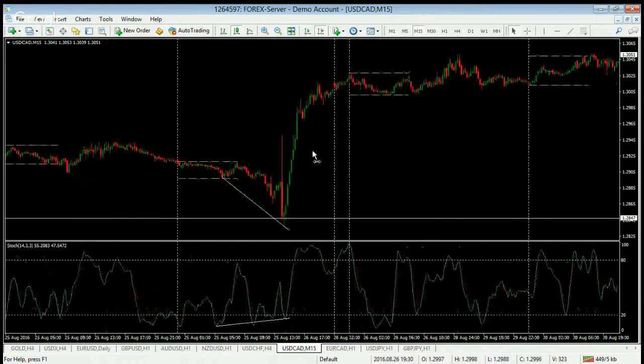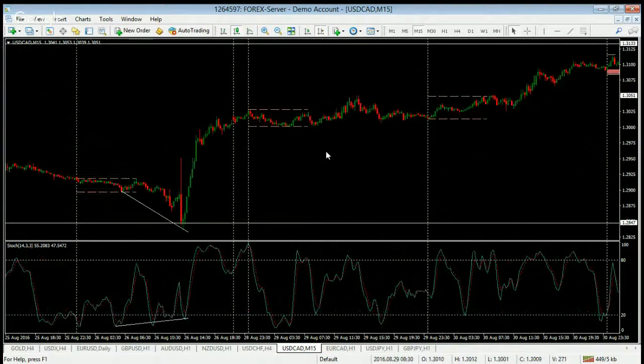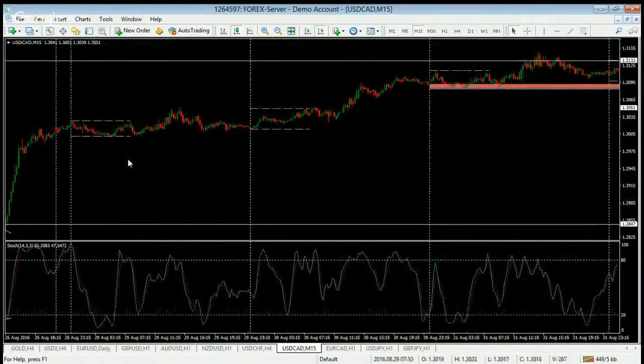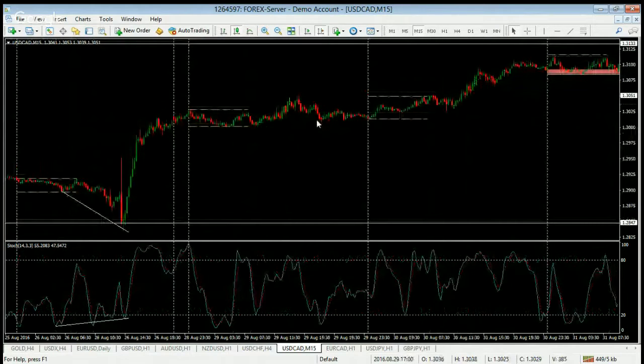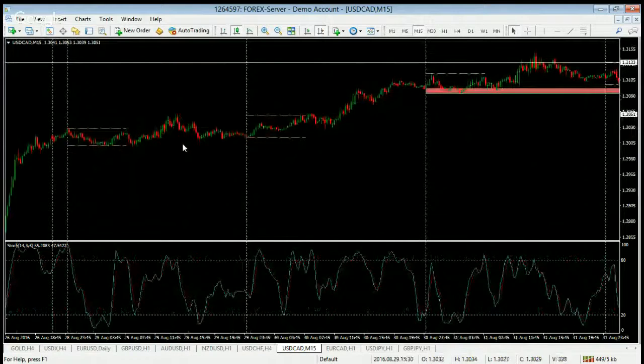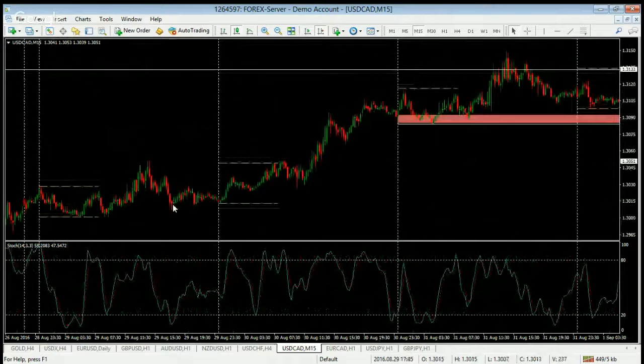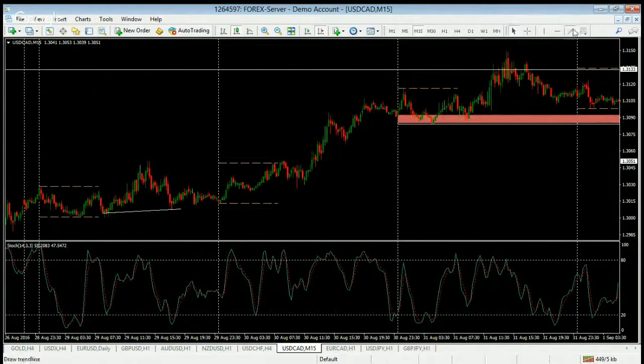So say a good trade, and obviously you can see it going higher and higher. It's a good buy setup. Because we're in a buy program now, we are looking for buys.